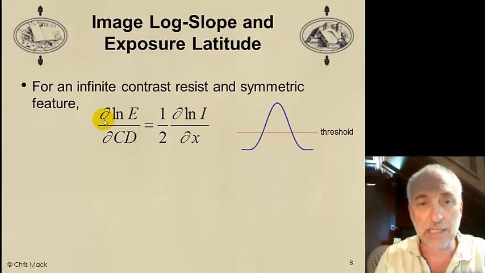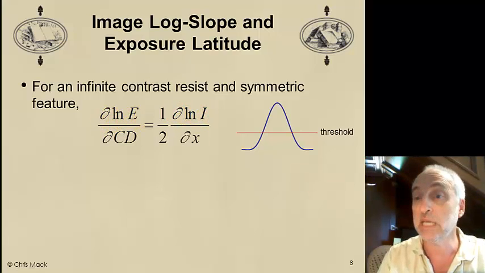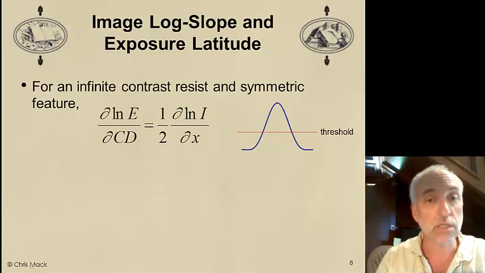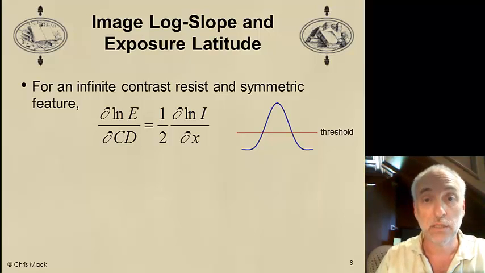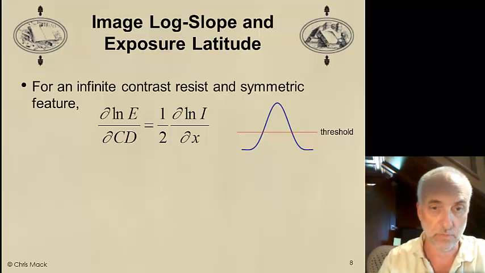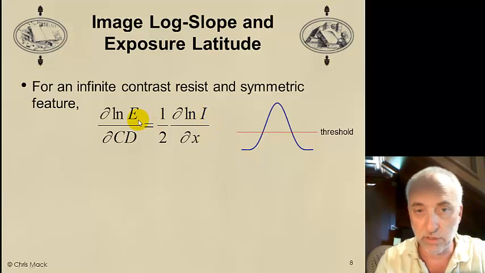But d log I is exactly the same as d log E. Why? Because energy, dose, is simply intensity times time. And d log of I times a constant, if I have a constant in there, the constant disappears and I get exactly d log E. All right, so the numerators here are exactly the same.